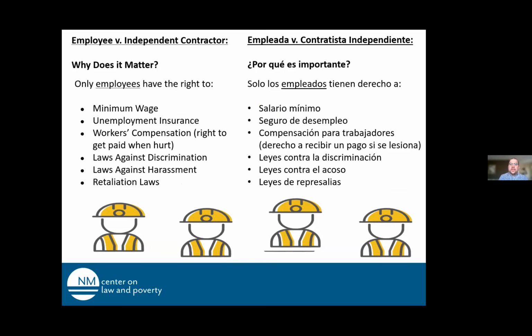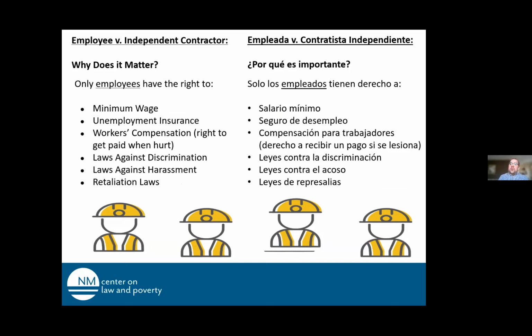Now let's move on to the next topic. This is an extremely important topic, and one that I tend to start with because it really does matter when someone is classified as an employee versus independent contractor. Oftentimes, workers will be told that they're one or the other. This does not matter. What matters is what we'll be discussing in a few minutes.